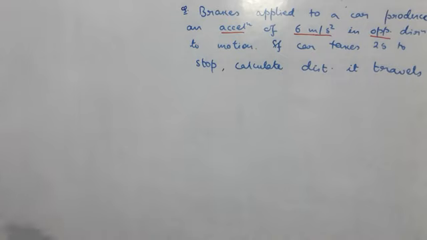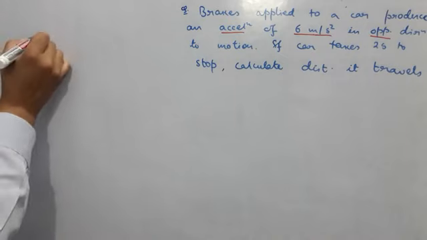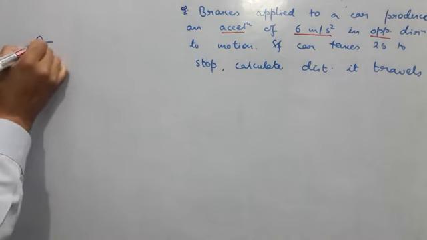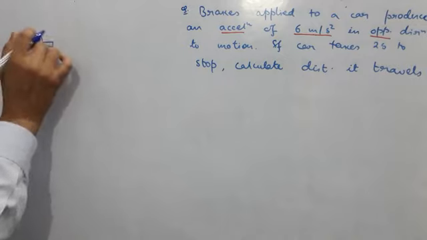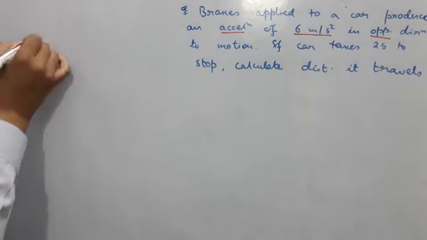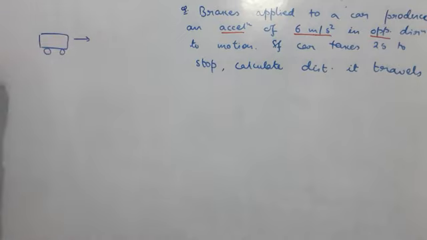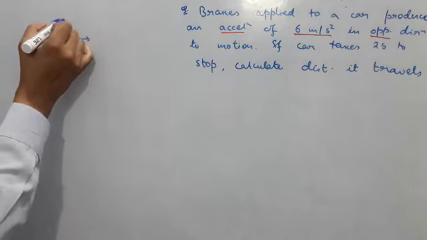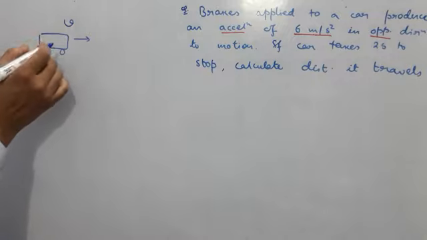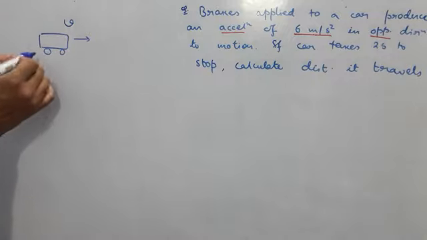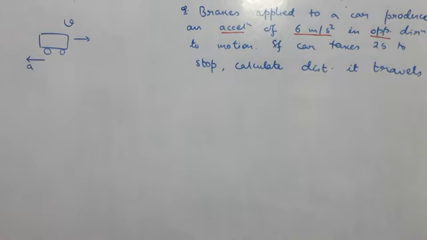See, brakes are applied. Suppose there is some car. So this is the car. It is moving in this direction. It has some speed. Now if it applies brakes, it produces acceleration in the opposite direction. Since acceleration is in the opposite direction, we also call this retardation.